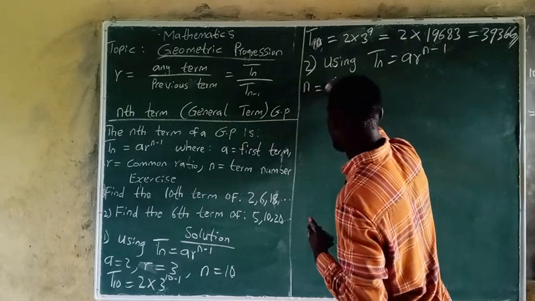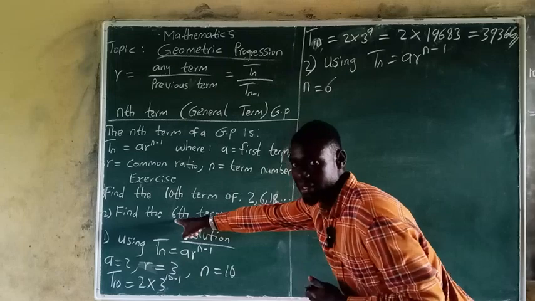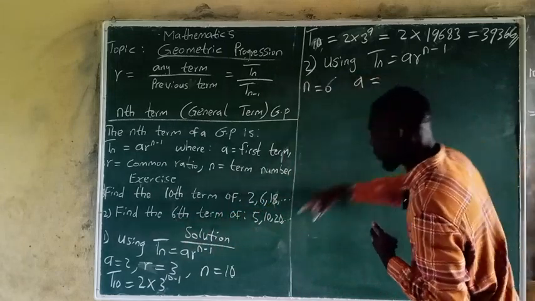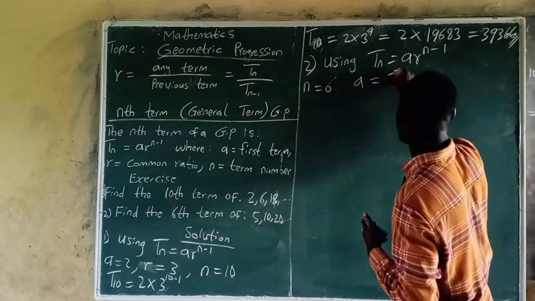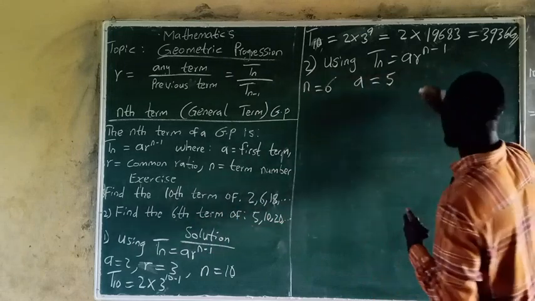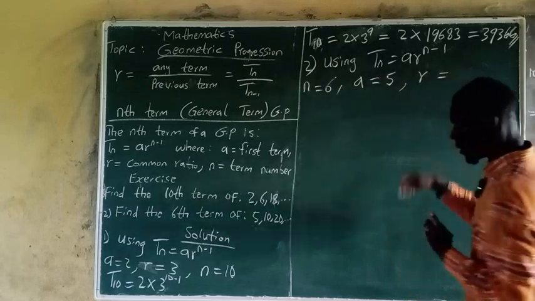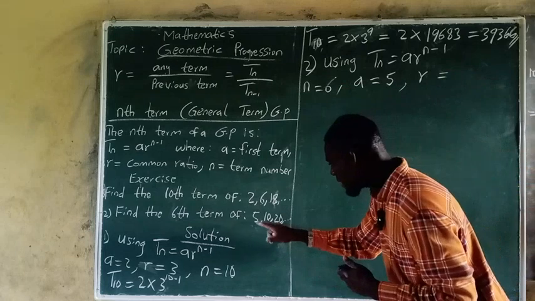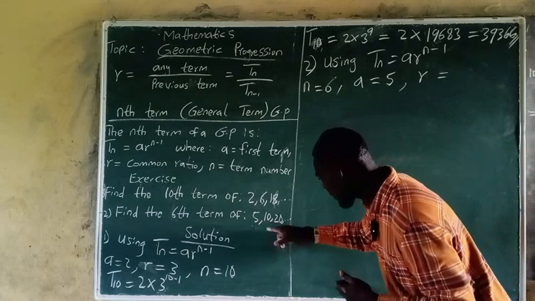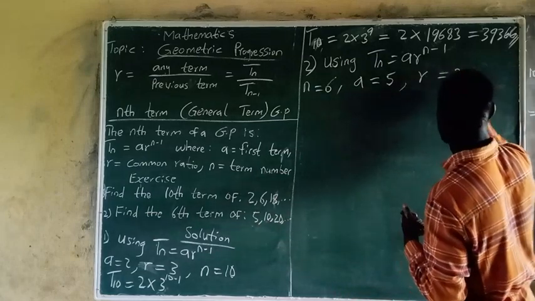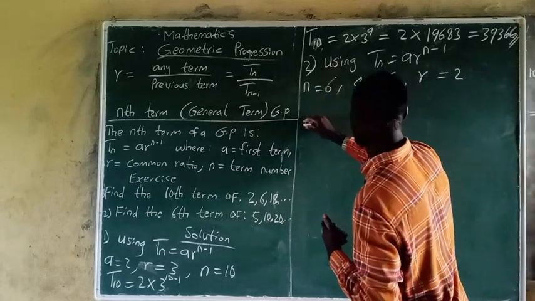Our n is 6, the sixth term. Our a, the first term, is 5. For our common ratio r, if we divide 10 by 5, we end up having 2.